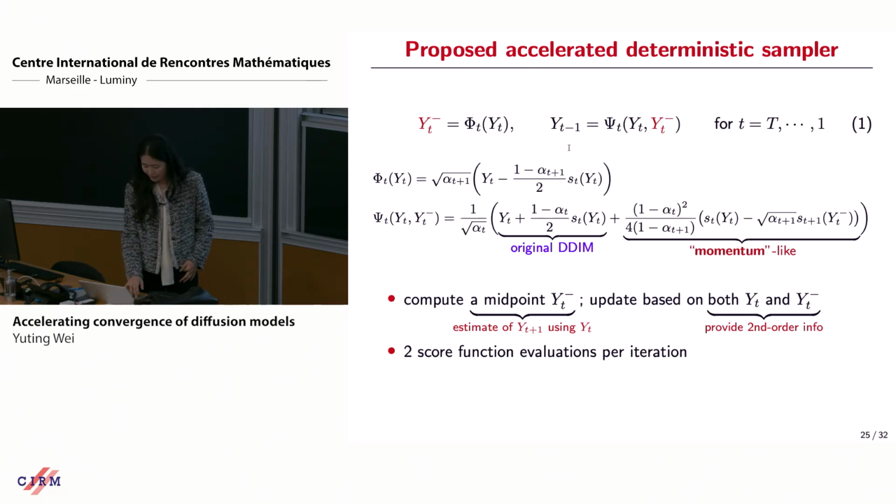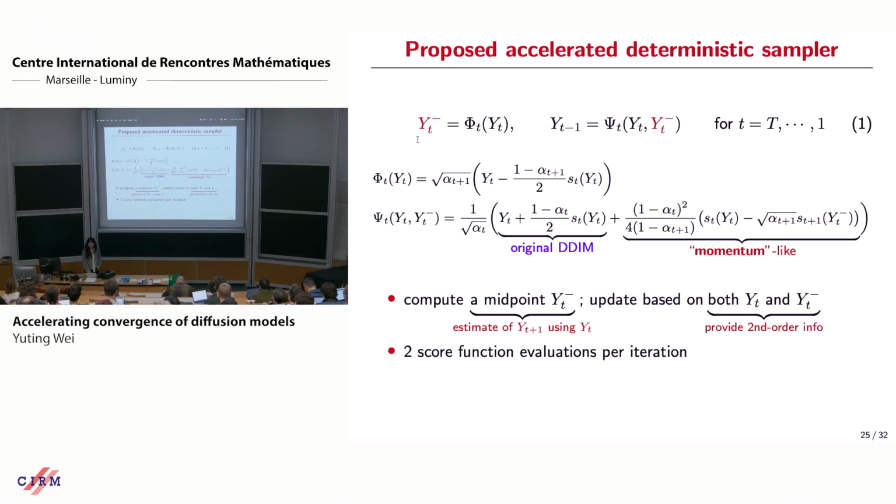That's how we update our YT minus 1, but the midpoint is also just a deterministic function of YT, if you're given the score estimate. Very simple. The only thing it requires is the additional momentum-like term.